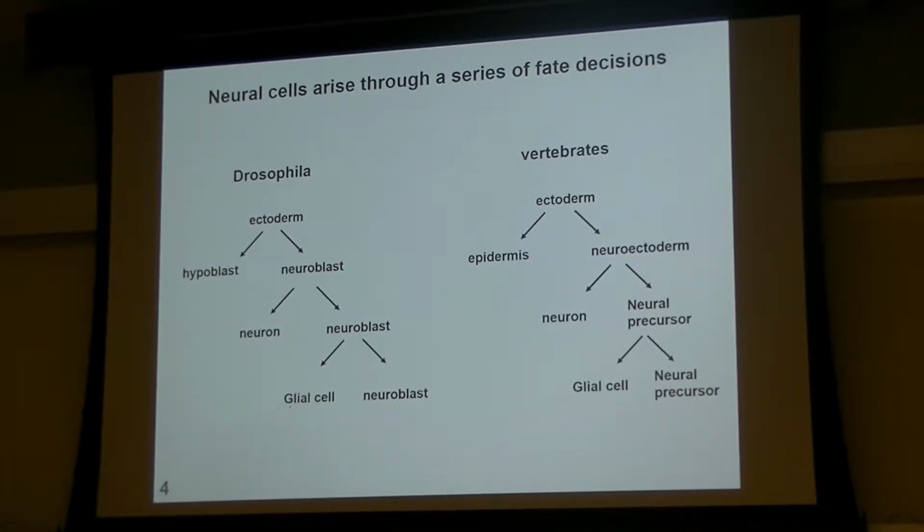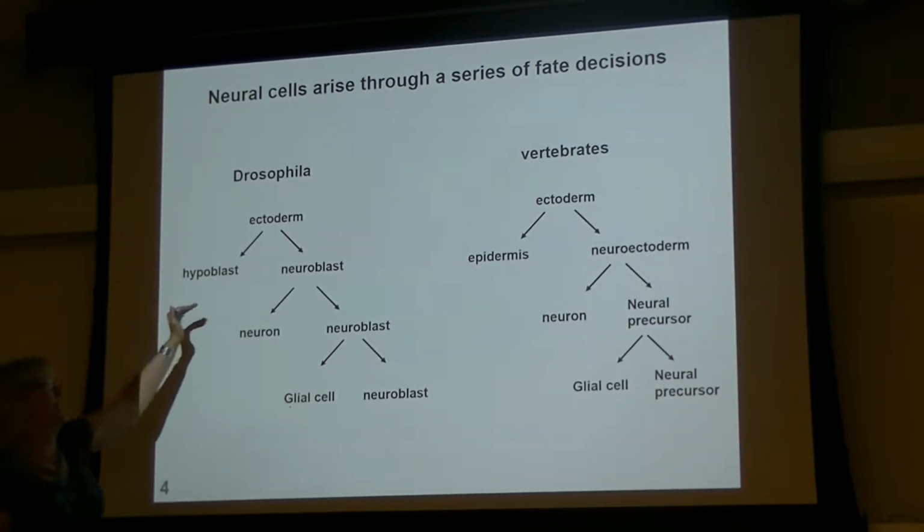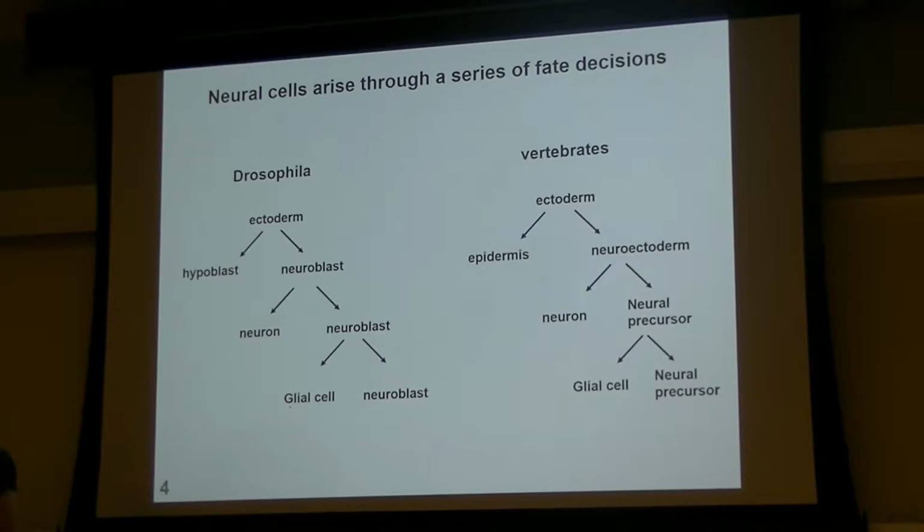And Drosophila looks very different in terms of the adult central nervous system, and yet when you think about how they are building their nervous system, in a sense you can see some parallels. One of these is this series of bipartite choices, and it begins with the choice of hypoblast.